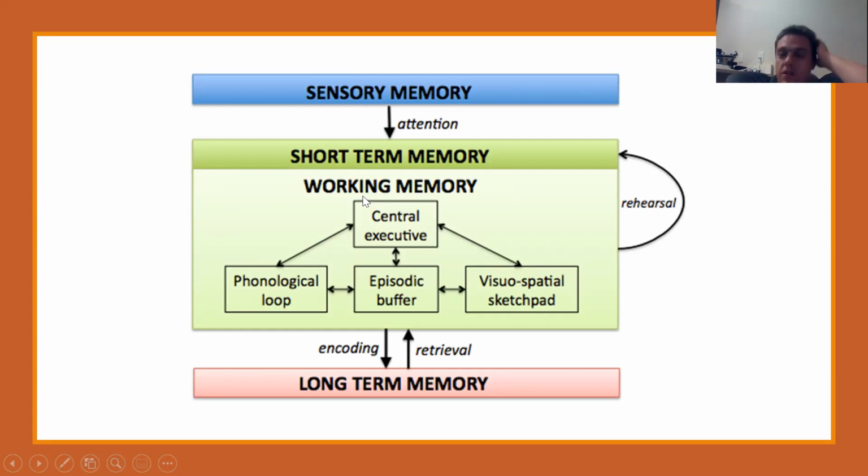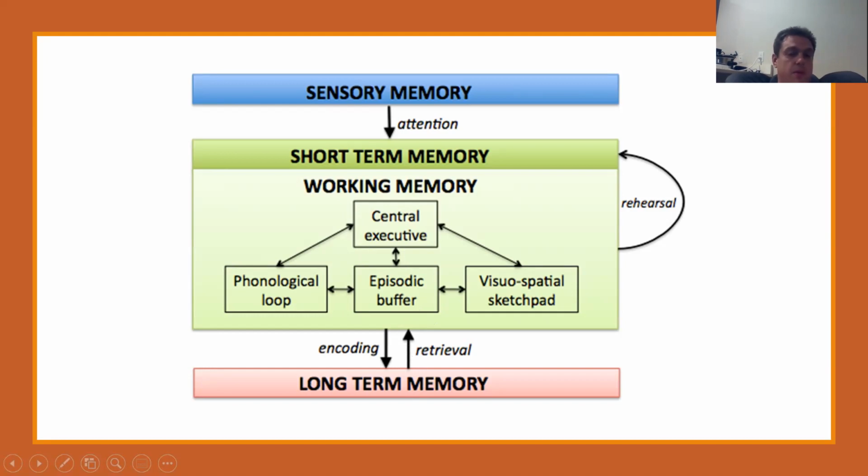And if you rehearse it or interact with it in some way that's a good way of studying, it will be transferred to long-term memory. Stuff that's stored permanently or somewhat permanently is in long-term memory.